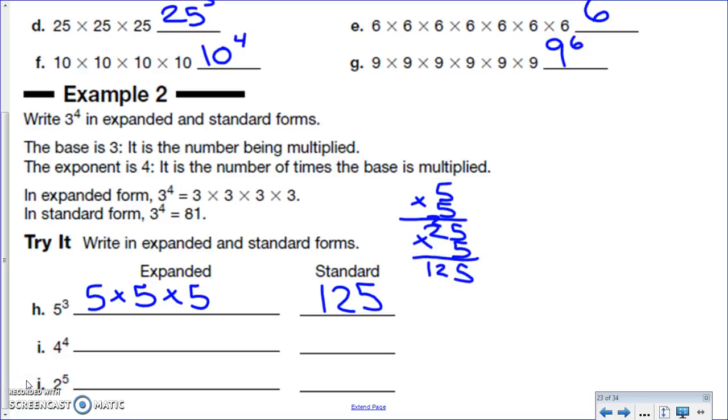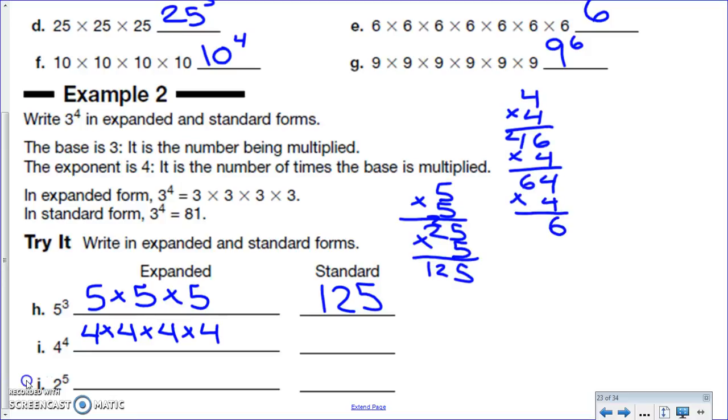For I, we have 4 to the 4th, so we're going to write it out in expanded form. And now we're going to go ahead and do the math off to the right to figure out what standard form is. So 4 times 4 times 4 times 4, when it goes to standard form, equals 256.